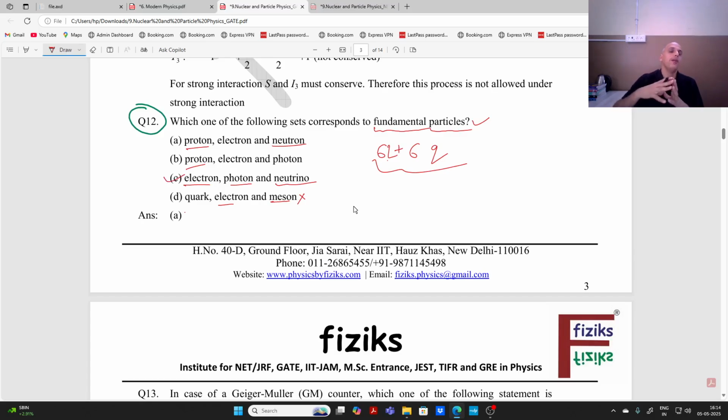These are the fundamental particles, right? Because they do not have a substructure, right? But here meson has a substructure, right? Proton has a substructure, neutron has one, so these options are dropped, this one and this one. So C is the correct answer, right?